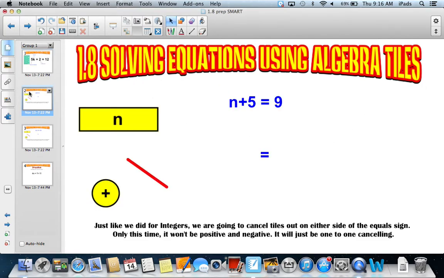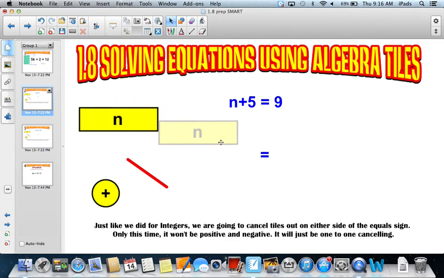So looking at that, right now I've got an equation up there, n plus 5 equals 9. We're going to do this using algebra tiles. We used reds and yellows back in Unit 2, so we're going to use that again today. We're going to set up our equation with algebra tiles.